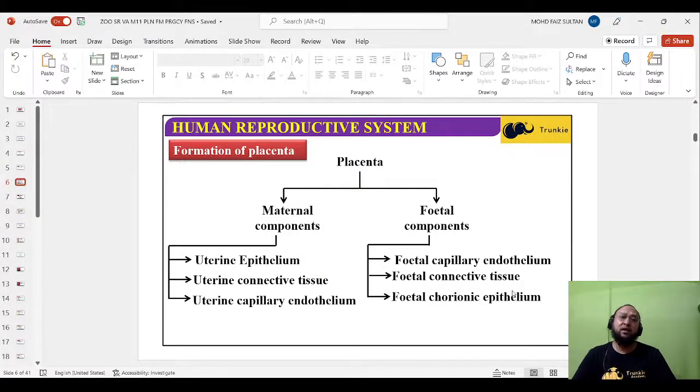The fetal component has again three tissues: a fetal capillary endothelium, a fetal connective tissue, and a fetal chorionic epithelium. So they are almost similar on both sides, but the fetal components are from the fetus side, and the maternal components are from the uterine side of the mother only. Both components are made of three types of tissues.